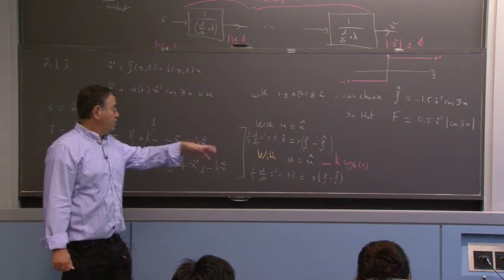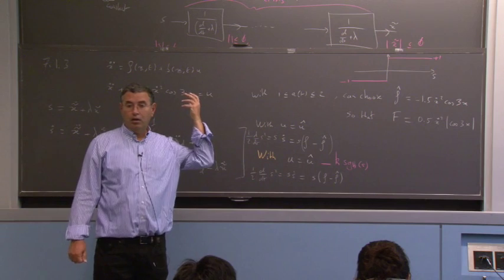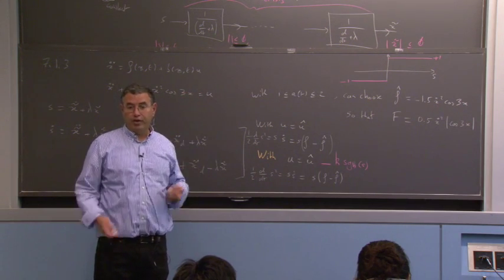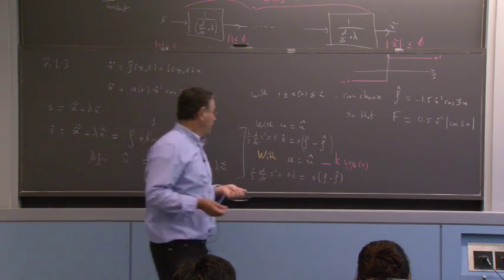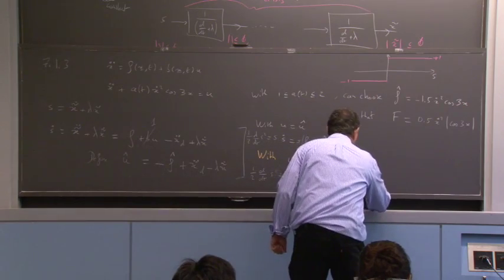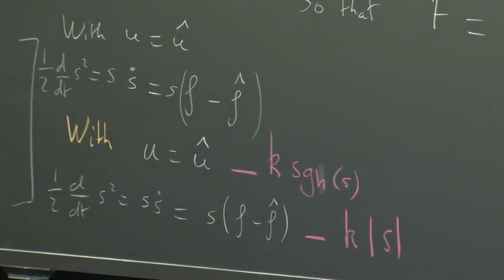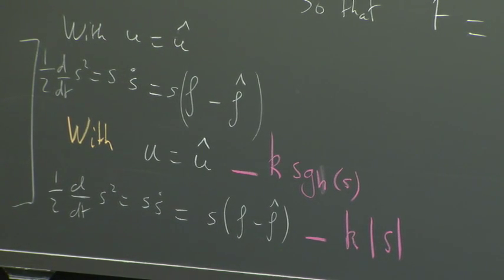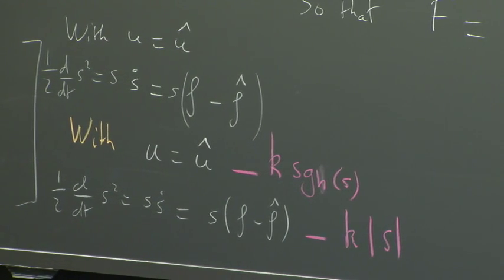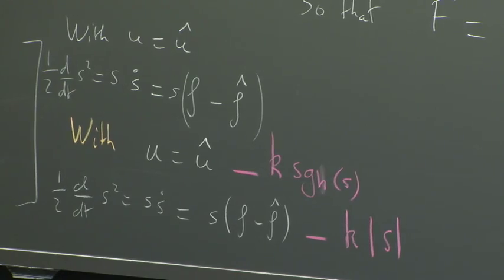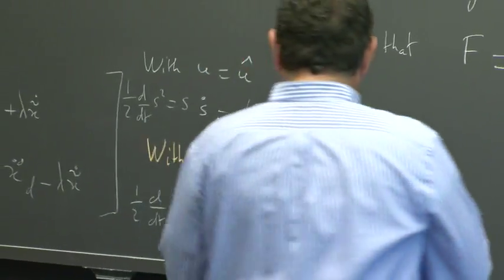So we just get k sine of S times S. How can we write that? Well, it's simply k times absolute value of S, because S times sine of S is just the absolute value of S. Okay?